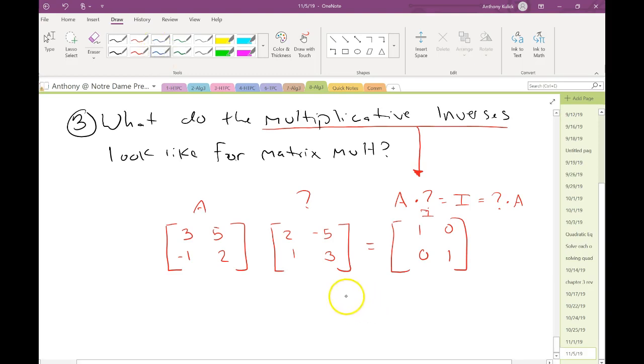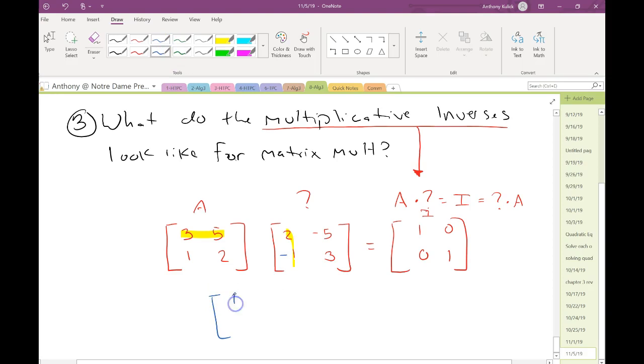Let's just check real quick. So, first row times first column. Oh, shoot. That can't be negative there. So that one should be. Okay, now I'm ready. So 6 plus negative 5 is 1.